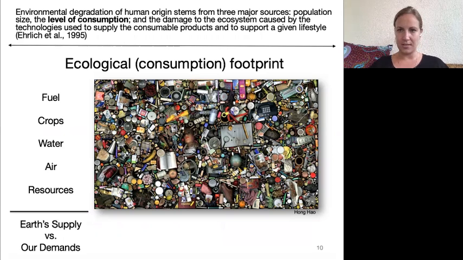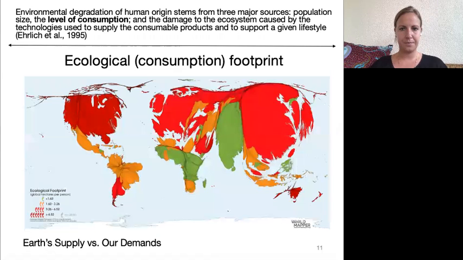So it's not just what people are using, but what needs to go in to ensure that the product is made, for example, the resources, fuel, all of the environmental resources that go into making the demands of the population. And this level of consumption relates directly to the Earth's supply.